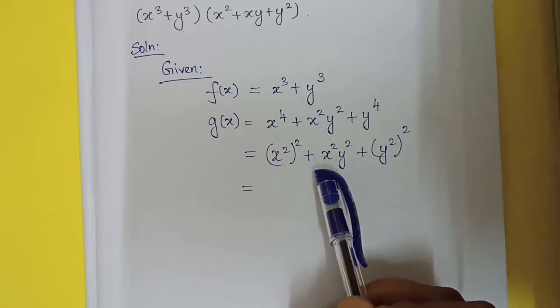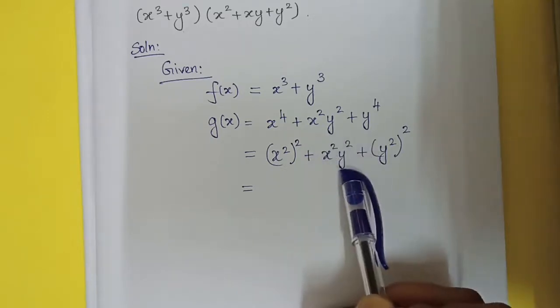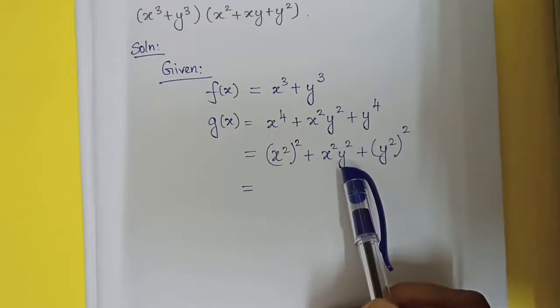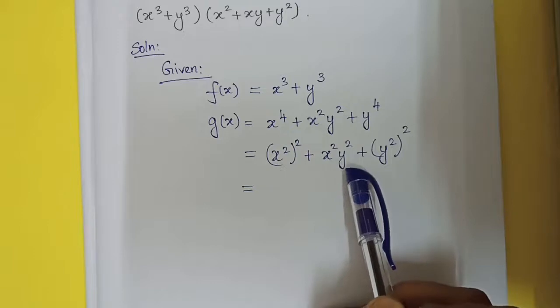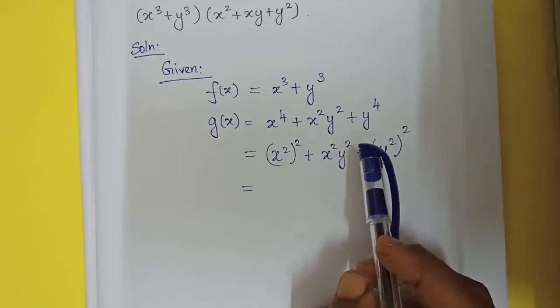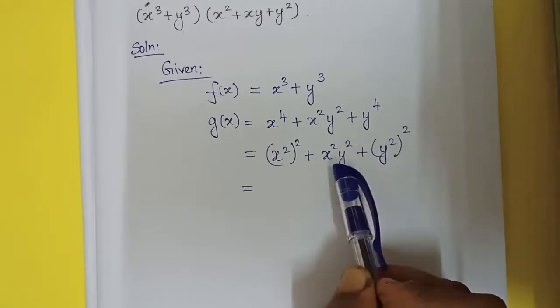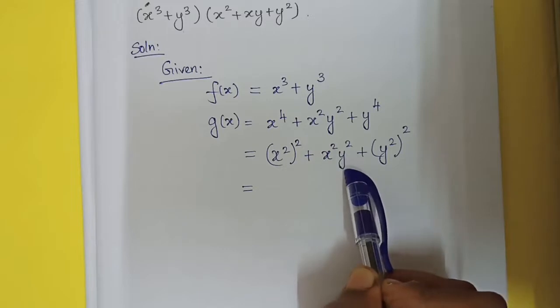The 2ab term. That means we need two terms here, but here only one term. So if we add x square y square, then we can write it in the a plus b the whole square form. So for that purpose, I am adding one x square y square.